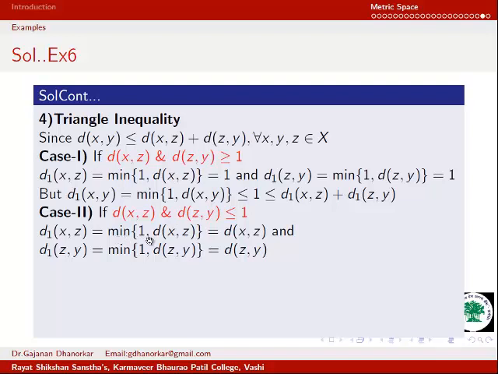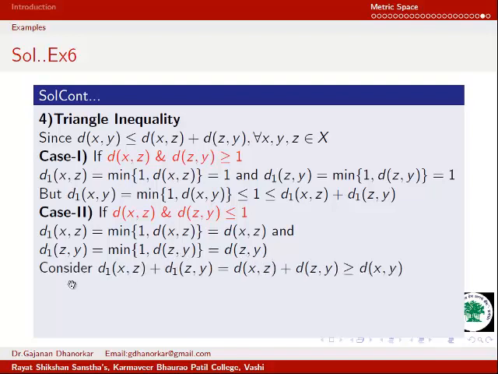And we have to take the minimum of these two numbers. Therefore this is nothing but d of xz. Similarly, d1 of zy is equal to the minimum of 1 comma d of zy. This d of zy is less than or equal to 1, again 0.9, 0.8, 0.3, anything we can take. And this is the minimum of 1 comma this number. Therefore we are getting d of zy.